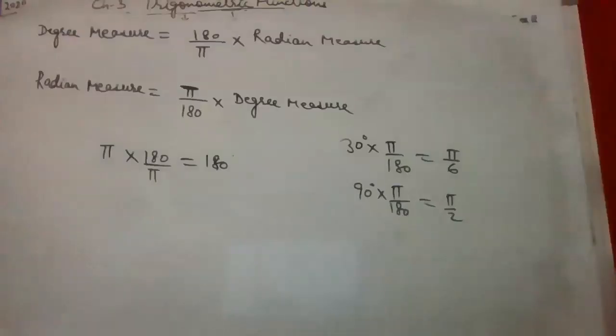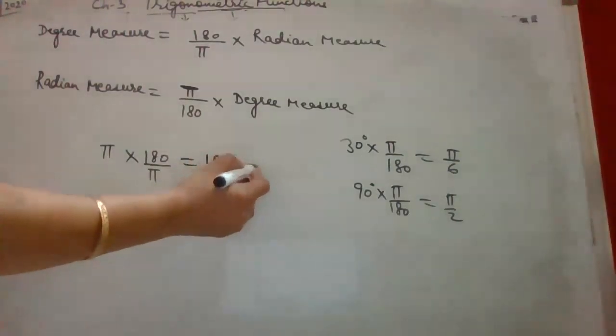Suppose we are having some angle such that pi is not cancelled out there. Some such angle is there. Any angle given to us in radian measure, we can convert it to degree measure, and whenever we need the angle in terms of degrees, pi should never come.